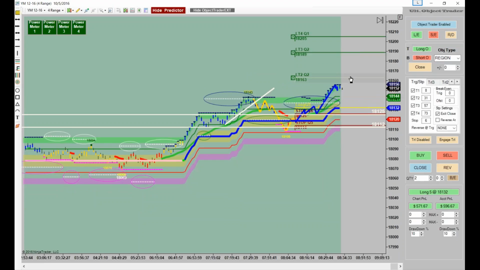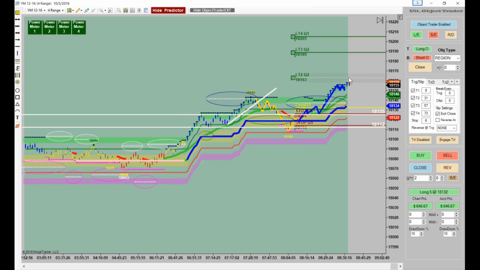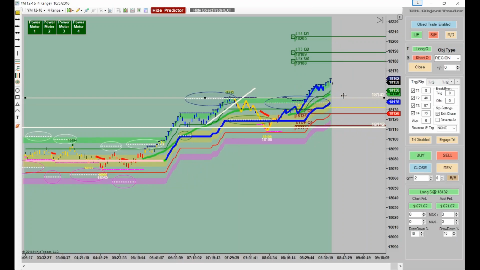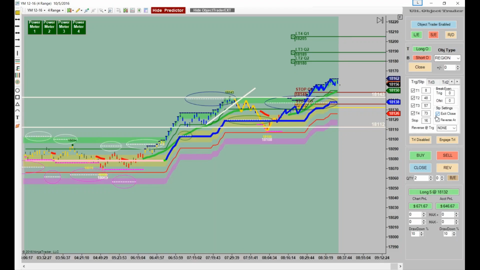We need a little predictor. You can move everything totally out of the way, by the way, and just go by your stops. See if it goes up a little bit more or takes us out. Let's see, on the bar close feature, are the offsets for that set to ticks or number of bars?